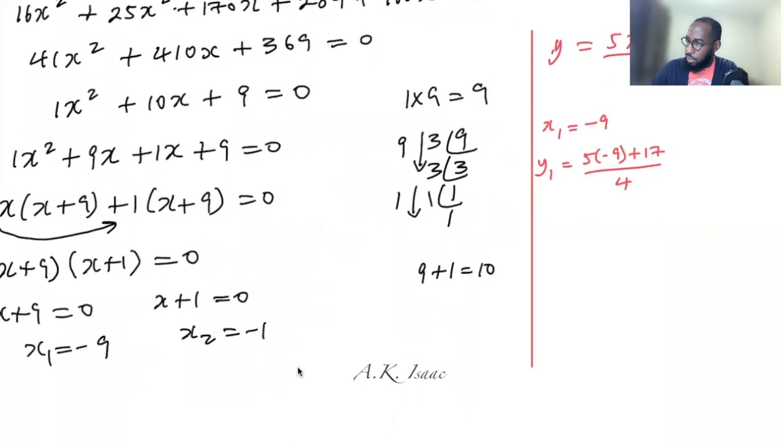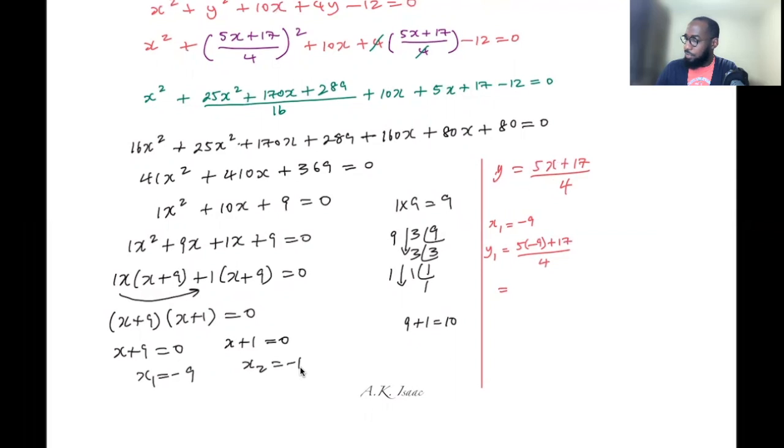It's -28 divided by 4, which is -7. So y1 is equal to -7. So if I say x1, y1, I will say -9, -7.